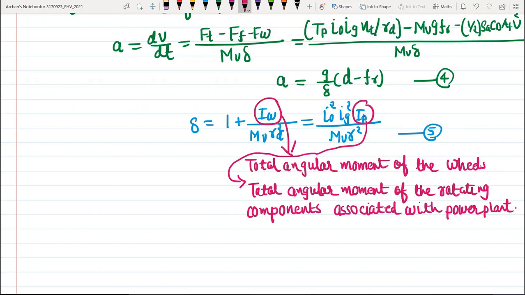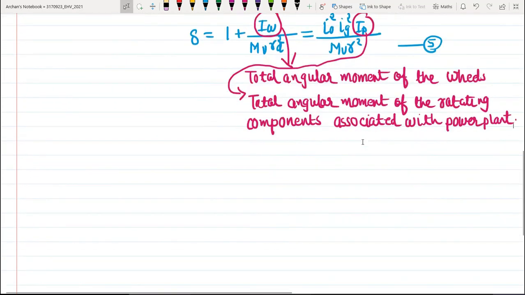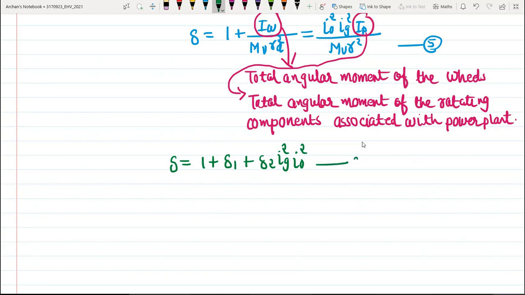But suppose we don't have this value, we are not knowing this value, still we need to find out the mass factor. Then we are going to use this empirical formula to find out the delta, which is given by 1 plus delta 1 plus delta 2 Ig square I0 square. Right?